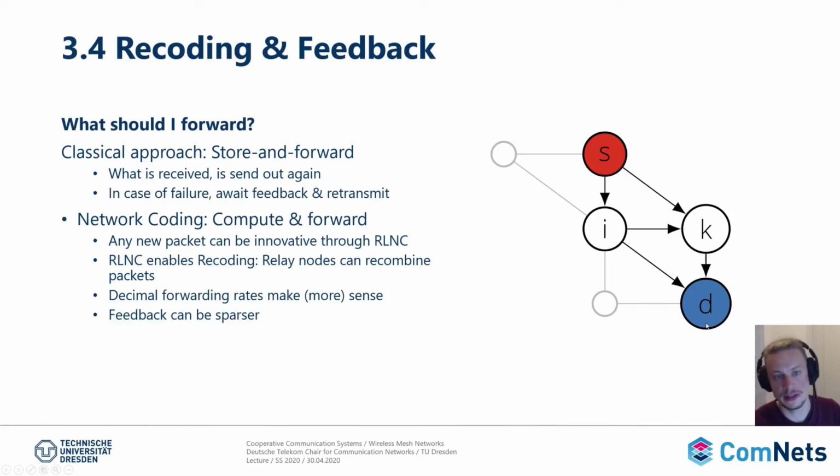Also, decimal forwarding rates make more sense here, because instead of having to choose which one of the packets to forward, say for a forwarding rate of 1.5, the third packet a node should forward, it could just send a combination of the previously received ones. Also, the feedback, what the destination sends back to the source, can be sparser, because a destination can decode the packets if it has as many independent color shades as there were input packets.